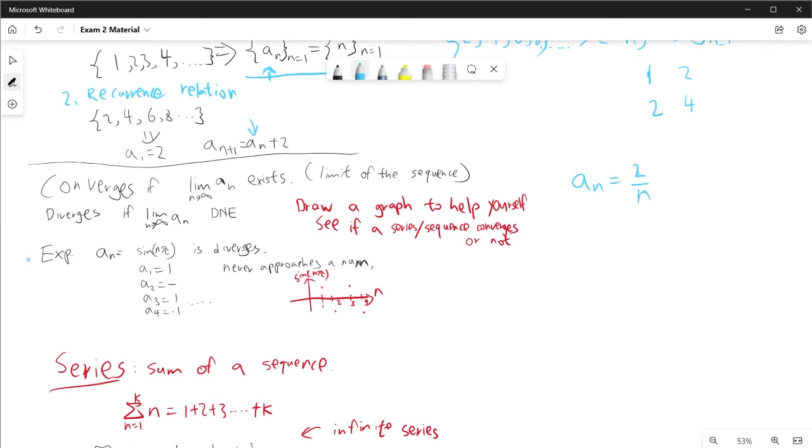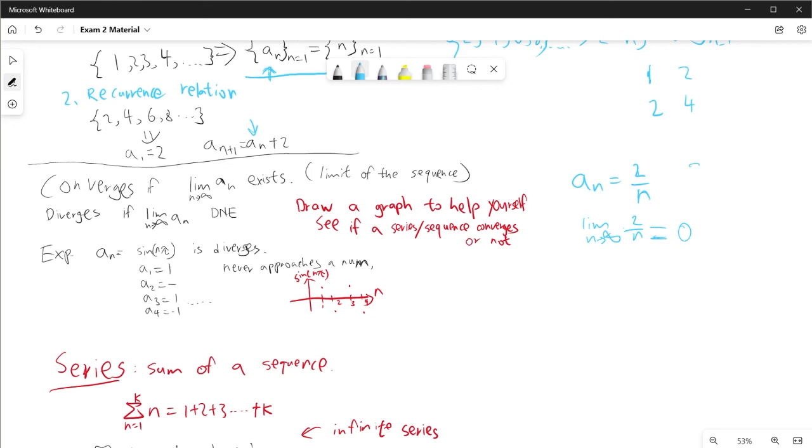Then if I take the limit of 2 over n, this would be 0, right? Because it's 2 over infinity. At approaching infinity, that would be infinitely close to 0.